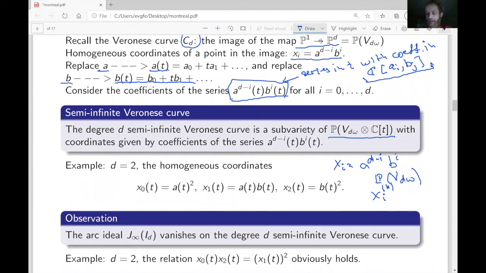And these are our coordinates in this infinite dimensional projective space here. We are interested in the variety corresponding to the points with these coordinates.